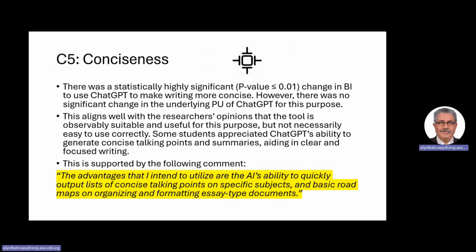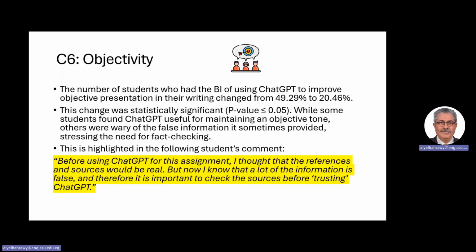For C5, the advantages that I intend to utilize are the AI's ability to quickly output lists of concise talking points on specific subjects, and basic road maps on organizing and formatting essay type documents. For C6, before using ChatGPT for this assignment, I thought that the references and sources would be real.